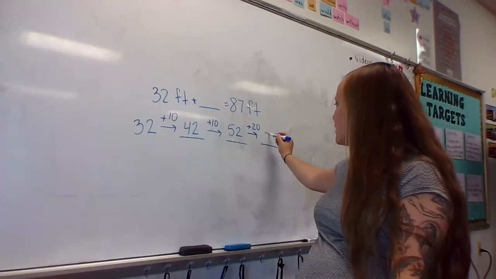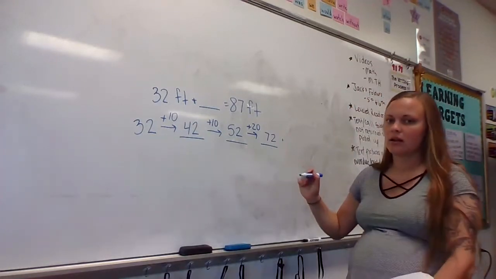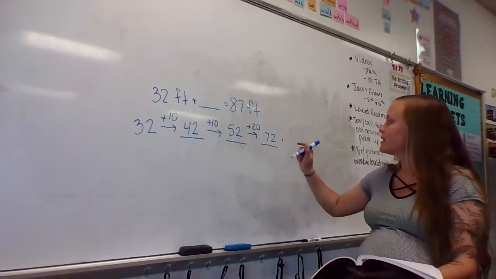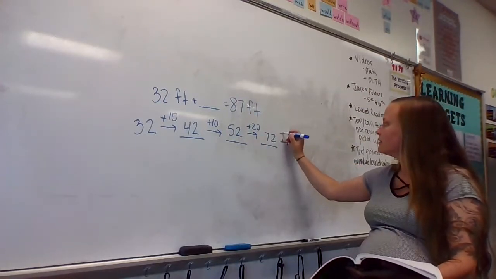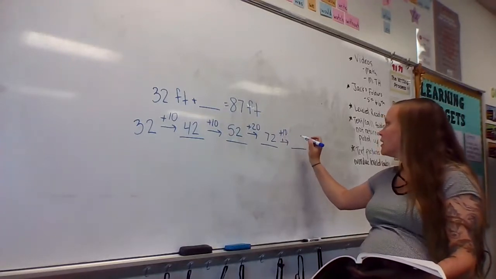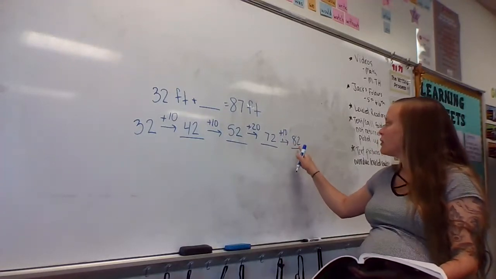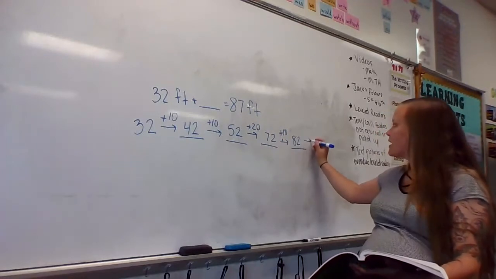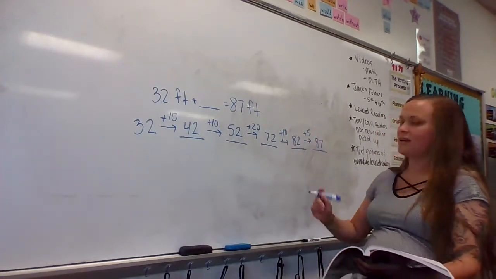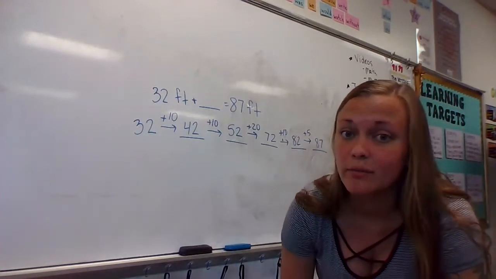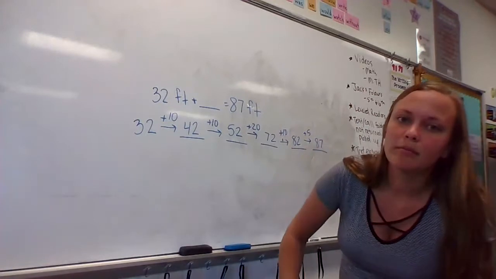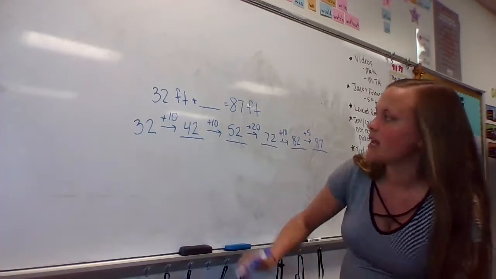To get us to 72. So we're at 72, we're trying to get to 87. Let's go up another 10 to get to 82. So we're at 82, we need to get to 87. Let's add another, we have to add 5. And so now we're at 87, but that's not our final step. We have to add all these little plus signs together to get the answer for right here.